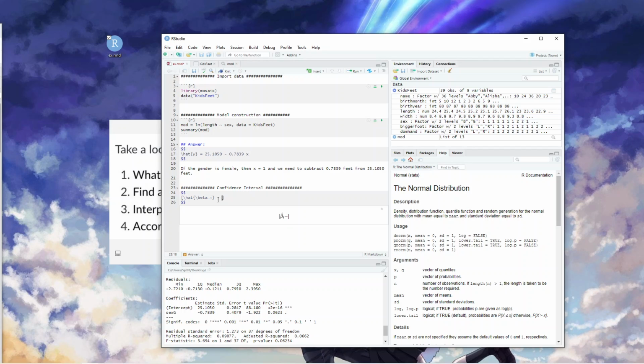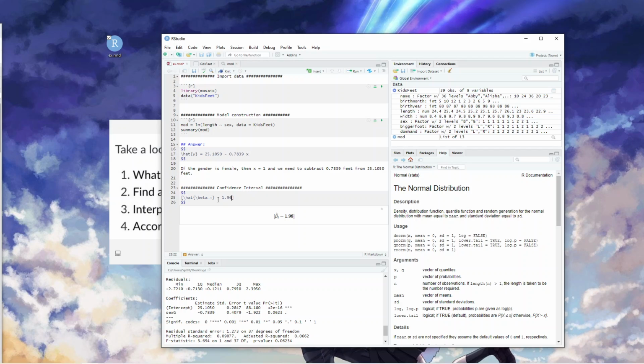Here is 1.96. If you look at your normal distribution table, you go to the 97.5 percent, which is the corresponding value. Why do we use 97.5%? Because this is a two-tail test.